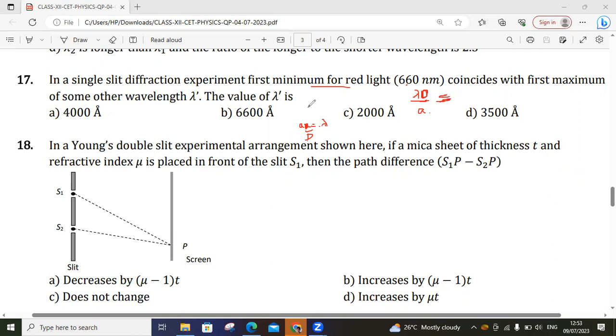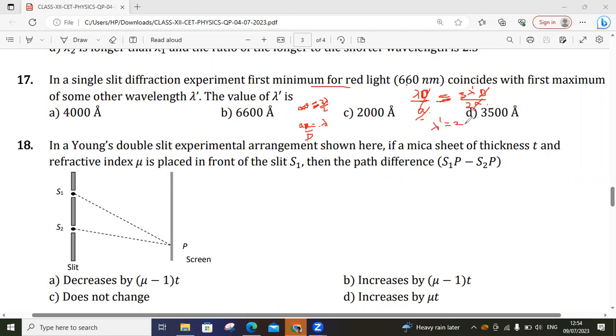Okay. So for maximum we have a sin theta equal to 3 lambda by 2. So the first maximum position is 3 lambda dash D by 2a. You can check it in notes if you are not getting it. D cancels.